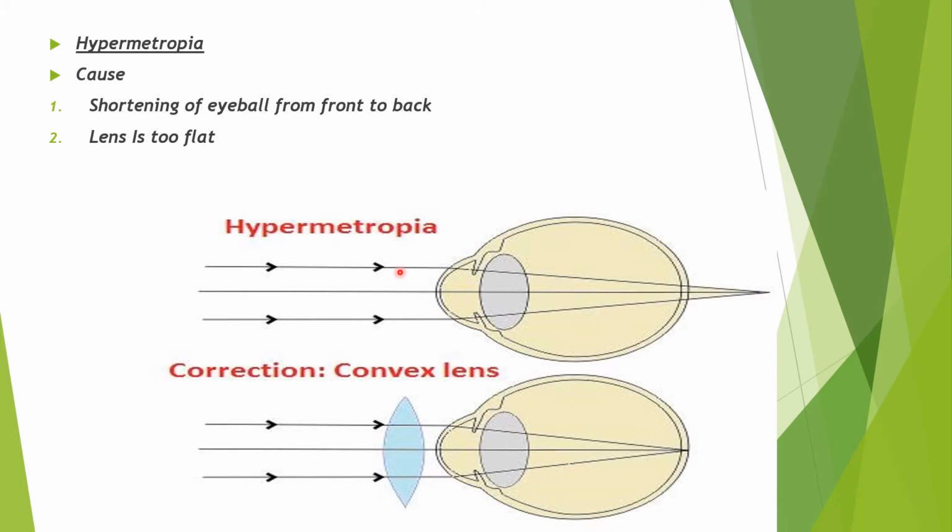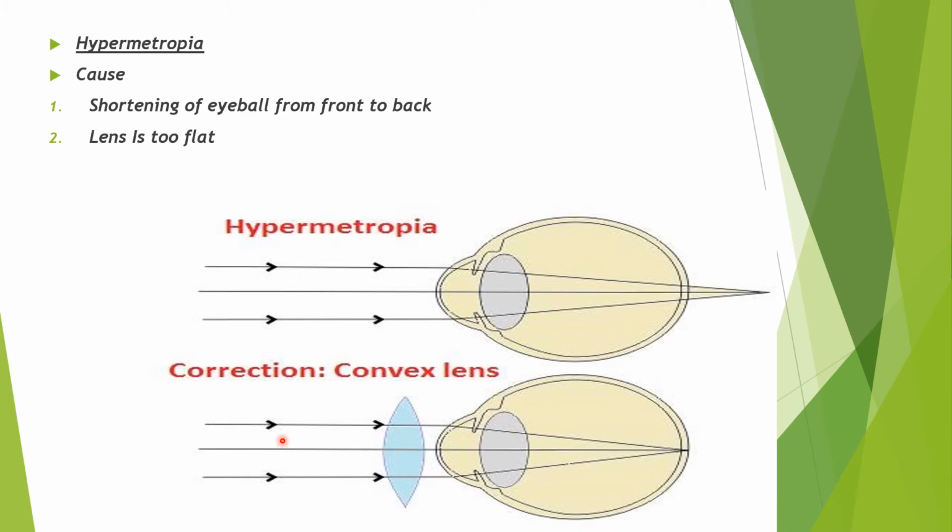This may be due to two possible reasons. First, shortening of the eyeball from front to back. The eyeball has shortened from front to back. Or the lens is too flat. If the lens is too flat, then also the rays are going to converge behind the retina. So in order to correct this defect, we can use a converging lens or a convex lens.